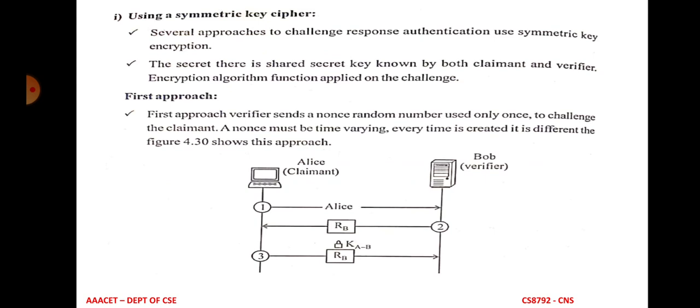Here the verifier is Bob, the claimant is Alice. The verifier sends a random number, that is a nonce, which is used only once, to challenge the claimant Alice. The nonce may be time varying, because it is a timestamp or any value or bit. Every time it is created, it is a time varying concept, right?